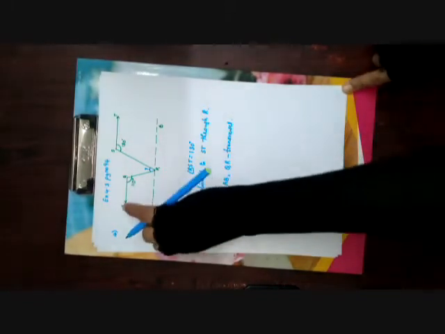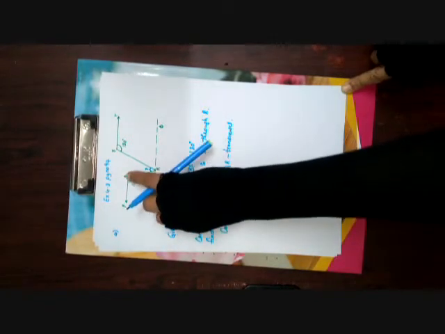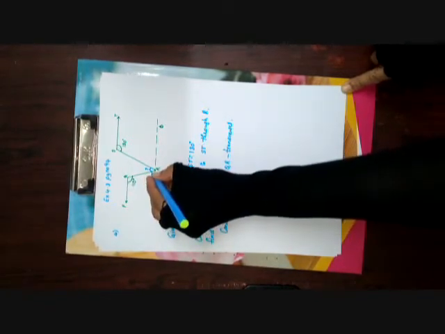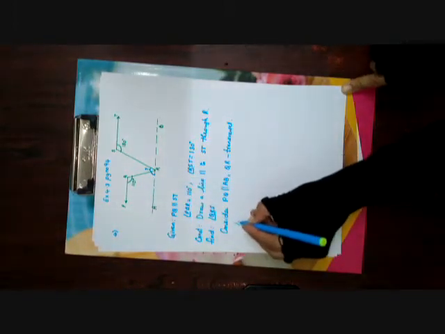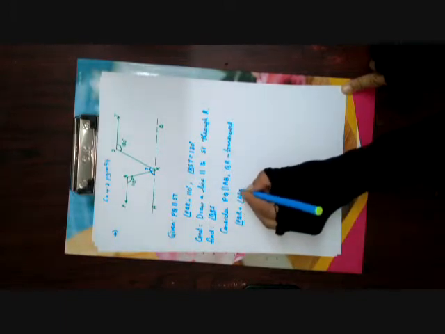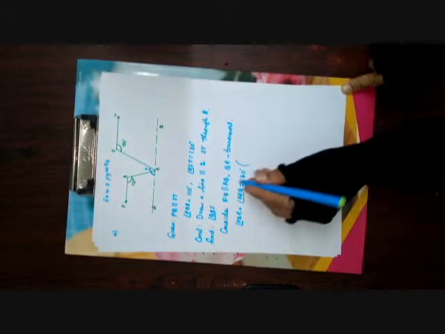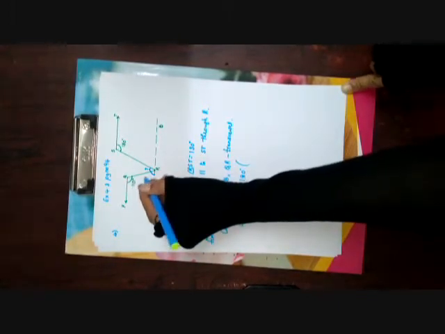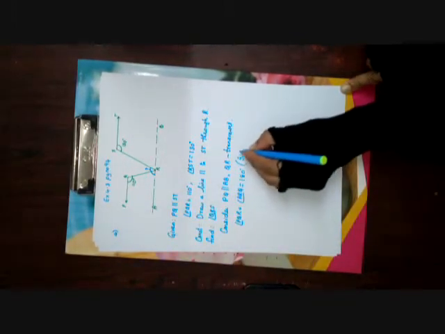Can I say angle PQR plus angle ARQ is equal to 180 degrees? Yes, I will say angle PQR plus angle ARQ is equal to 180 degrees. What is the reason? Interior angles lying on the same side of the transversal are supplementary. You have to mention that, children.